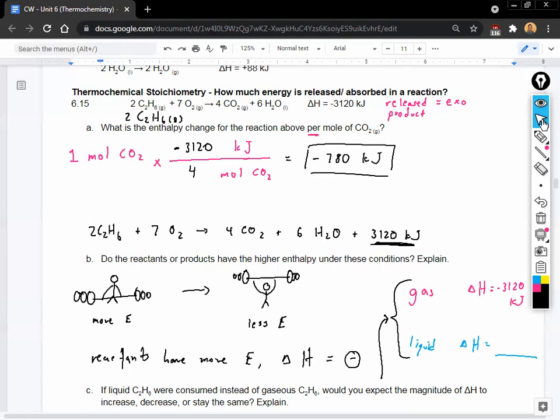Who thinks it'll decrease? Who thinks less energy will be released? Yeah, Millen, you want to take a shot at it? So you're not going to need as much energy to change it from a.